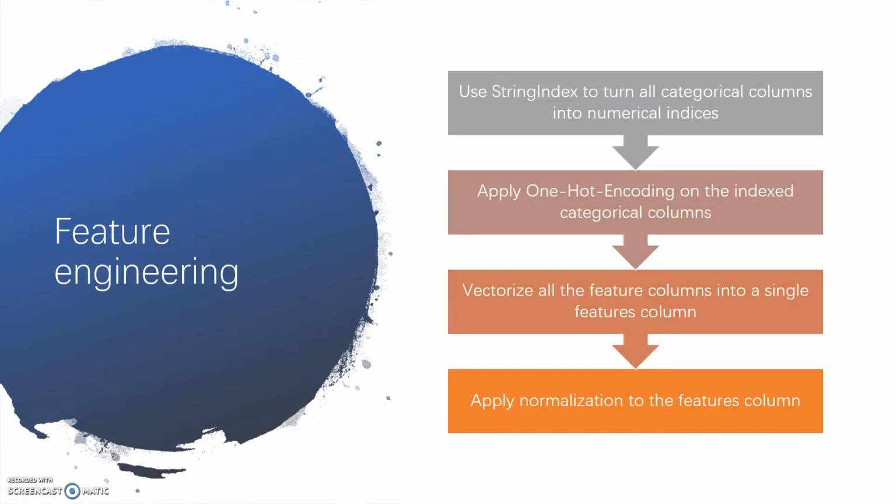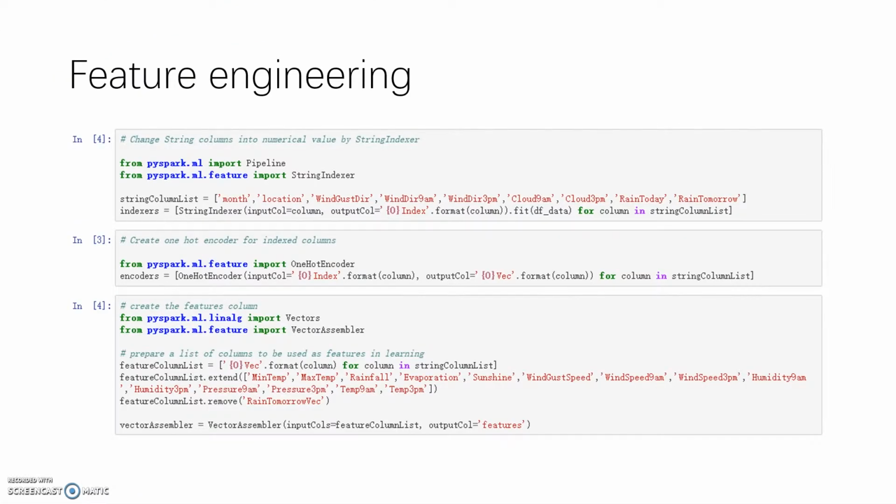After the dataset has been cleansed, a PySpark pipeline is created to perform feature engineering. Firstly, a string indexer is used to convert all categorical columns into numerical indexes. Then, one hot encoding is applied on the indexed categorical columns.